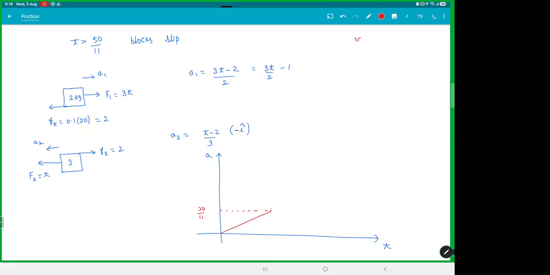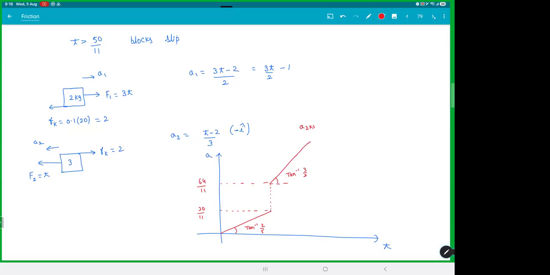This value will suddenly jump to 64 by 11. There's a discontinuity. And then the graph becomes like this. This is for the 2 kg block. This angle will be tan inverse 2 by 5. This angle will be tan inverse 3 by 2.